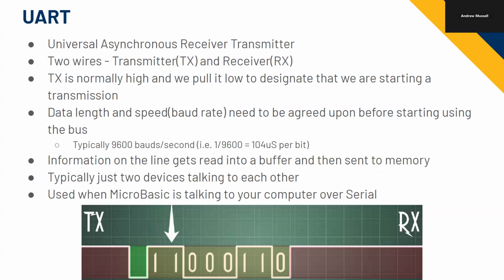What's the buffer? On the receive side is our other chip, and this is sending serial. If I was at the other end just looking at the line, I would see 1, 1, 0, 0, 0, 1, 1, 0, so I'm only seeing one bit at a time.